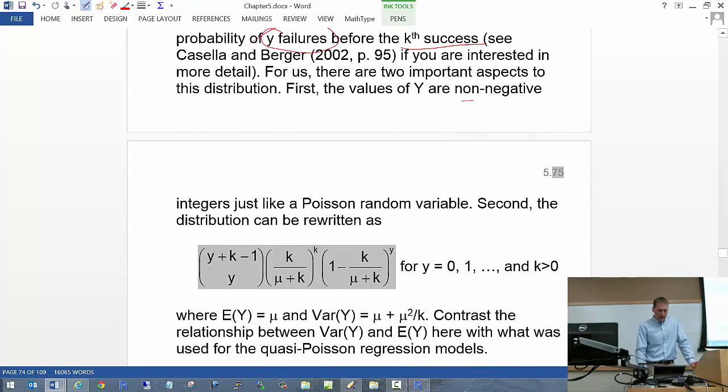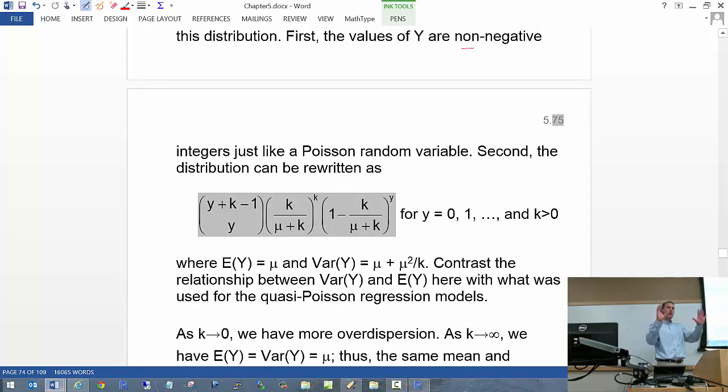Another reason is that we can parameterize our setup here. We can rewrite the negative binomial distribution like this, where everything remains the same in terms of that combination. But instead of having pi, you can rewrite everything so that you have k divided by mu plus k, where mu is the expected value of y.